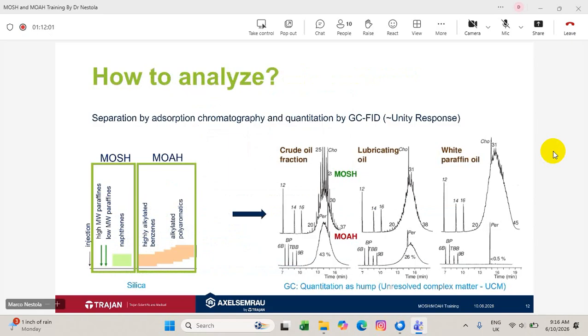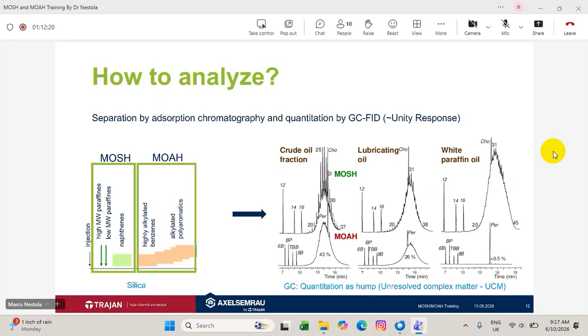The idea behind LC-GC and the MOAH analytics is all based on the problem that a mineral oil by itself is composed of many, many thousand compounds. It's not only a single compound.